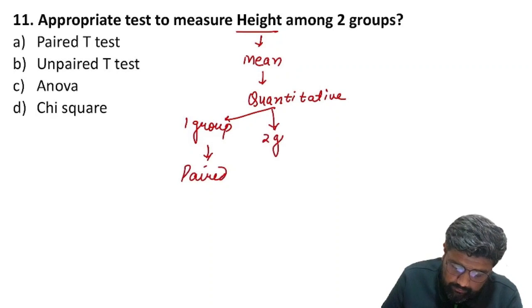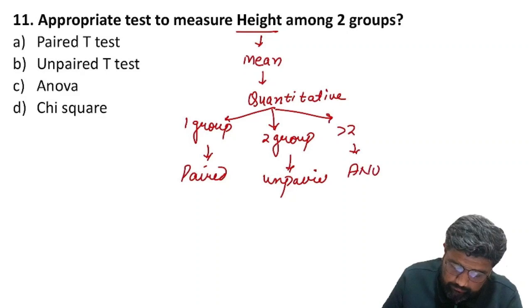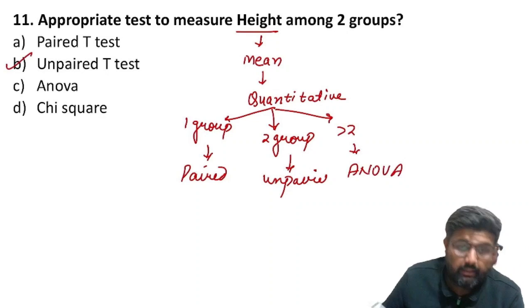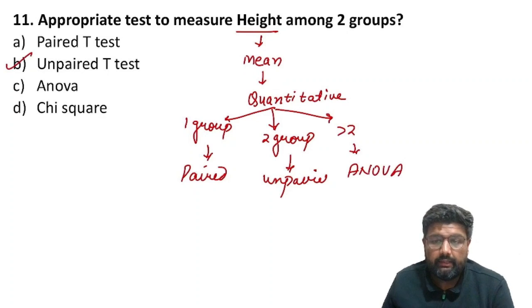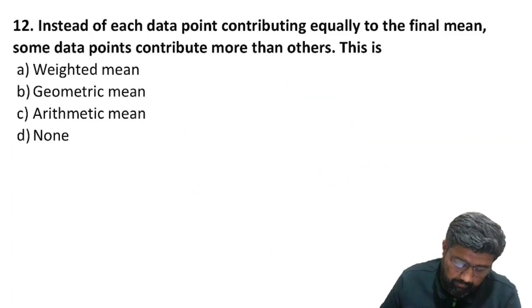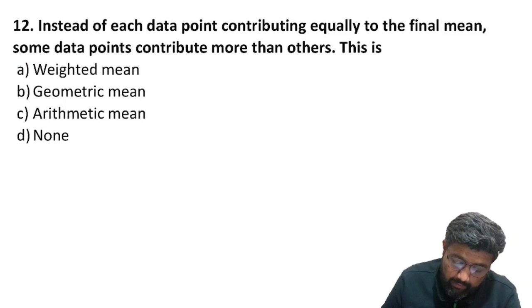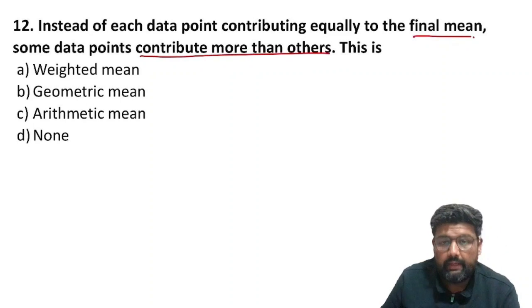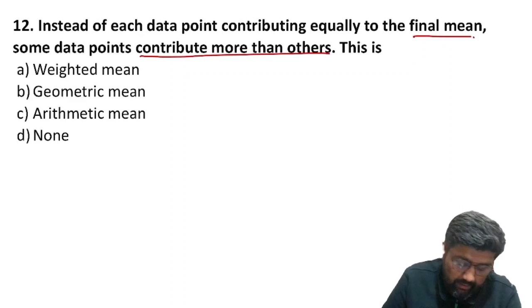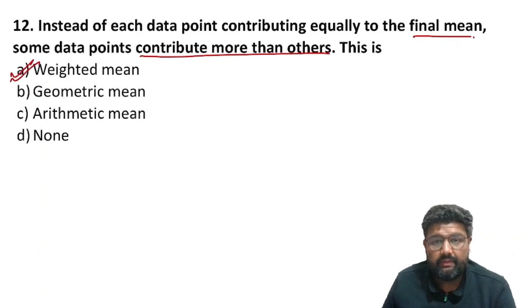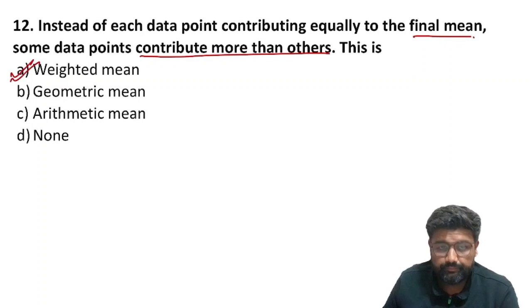If two groups, it is unpaired t-test. If more than two, ANOVA. Here the correct answer is B, unpaired t-test. Instead of each data point contributing equally to final mean, some data points contribute more than others. This is weighted mean.